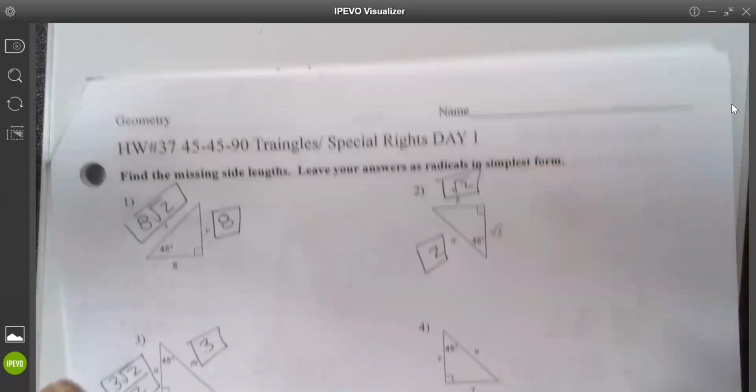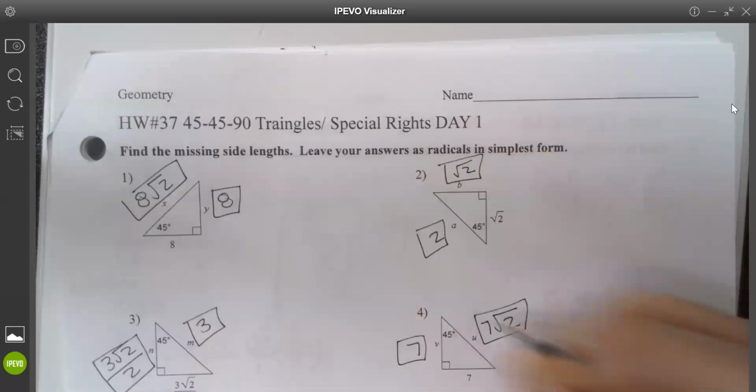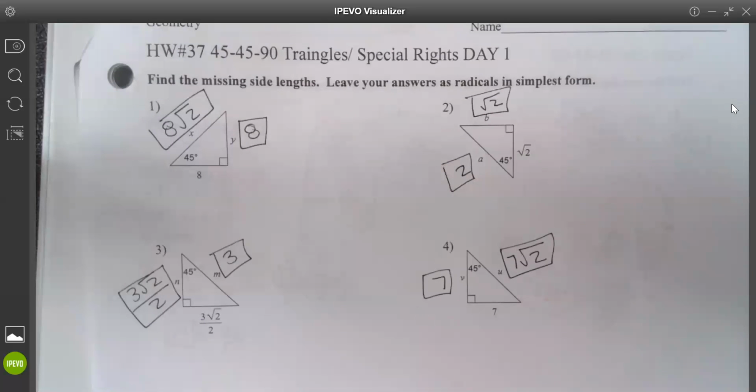So these are 45-45-90s that you were just solving. And I'm just filling in answers for the top 4 right now. So if you have completed this, you can check your work. And if I get to one that looks really tricky, we'll look at that together.